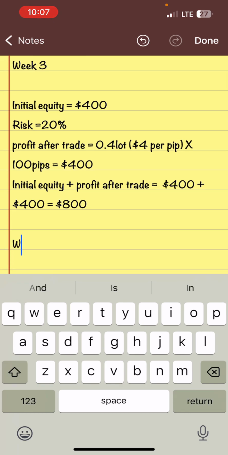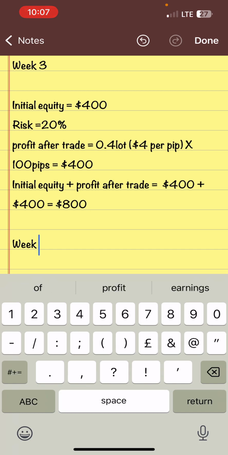So we move to week 3. This 800 plus your balance that you deposited, that's $1,000. But we remove the $200 of your balance. All right. So this, you are working with this $800 now.